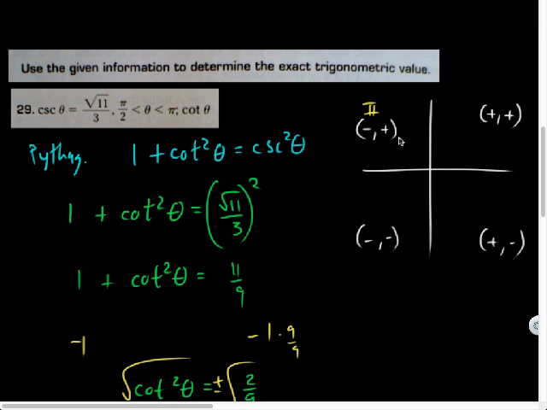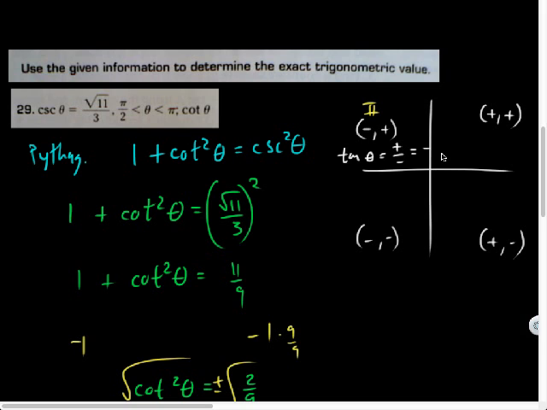Now, let's see. I know that tangent theta would equal the ratio of these guys, right? So that'd be positive over negative, which is negative, right? Tangent is the ratio of sine to cosine, or y over x, and in that quadrant, tangent is negative.